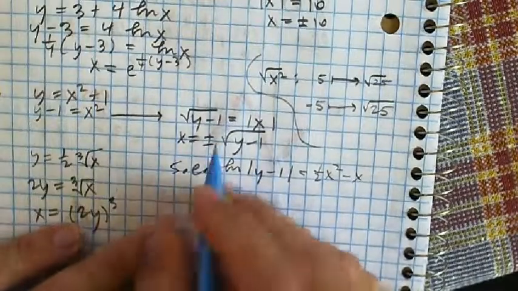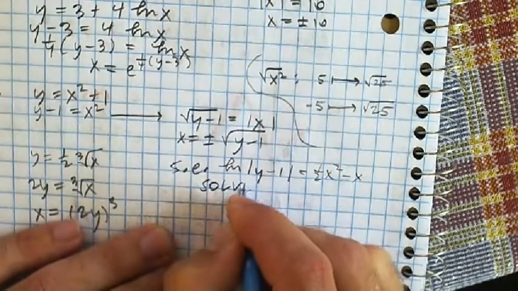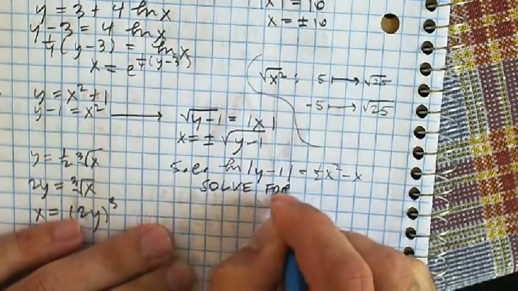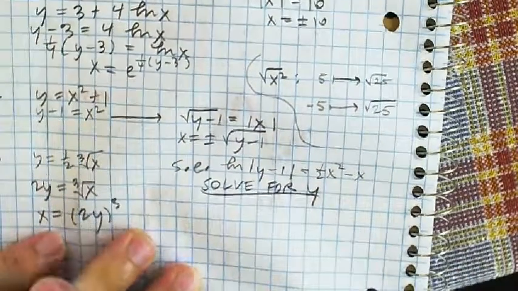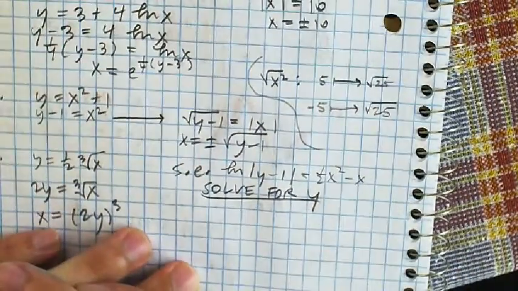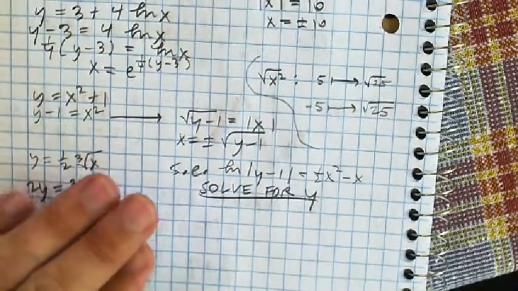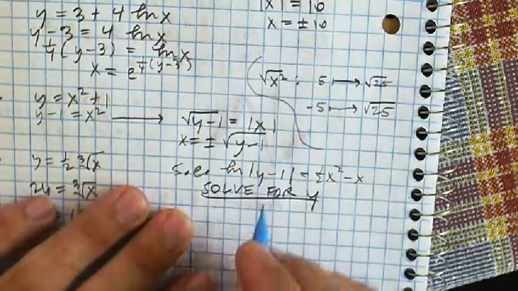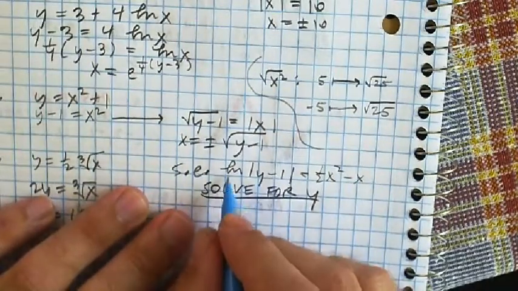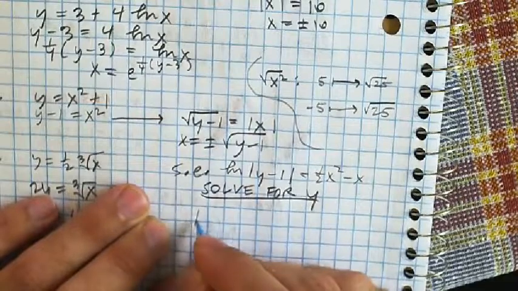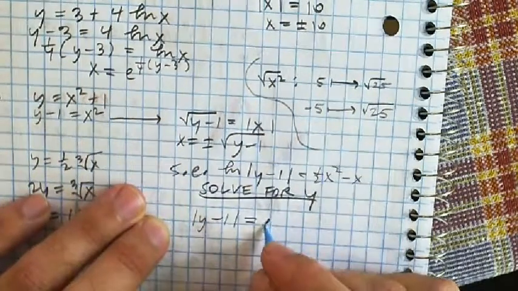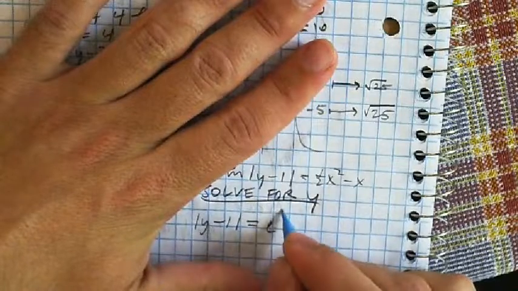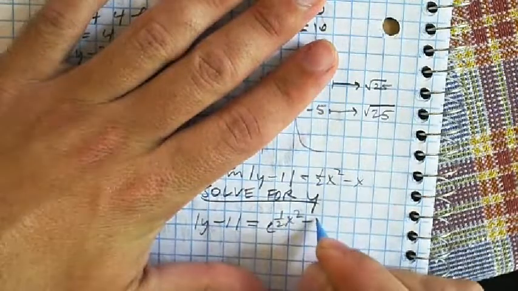So what I'm going to do is solve for y. And I'm going to change it on the statement of the homework so that maybe my B-Day people, maybe they haven't looked at it yet and they just will never know, unless they watch the video. So I'm going to get rid of the log. So I'm going to say absolute value of y minus 1 is equal to e to the 1/2 x squared minus x.